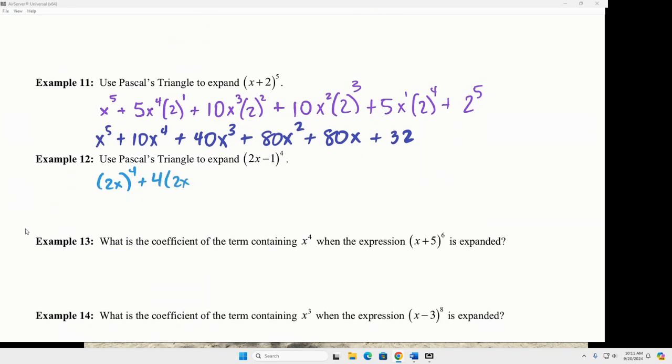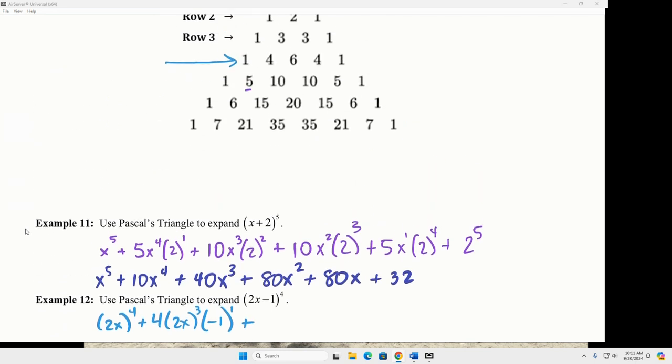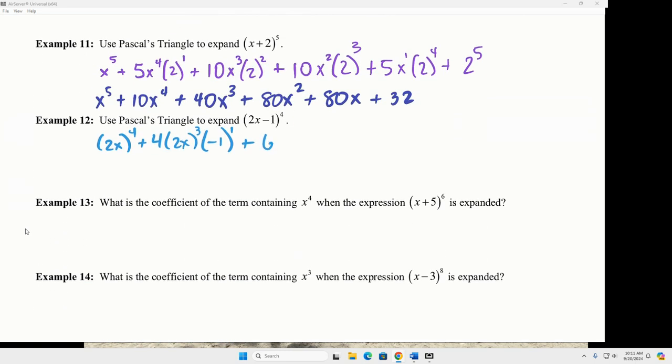And now 2x is going to be raised to the third. And then what is negative 1 going to be raised to? The first. All right, and then we have a 6. Two x is raised to the second. Negative 1 is also raised to the second.